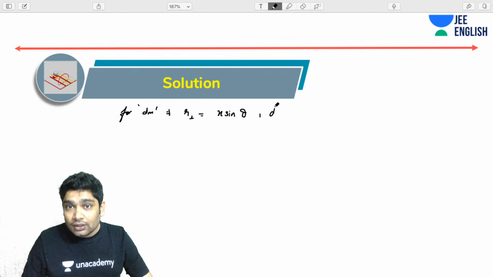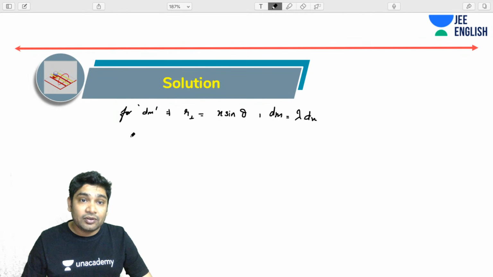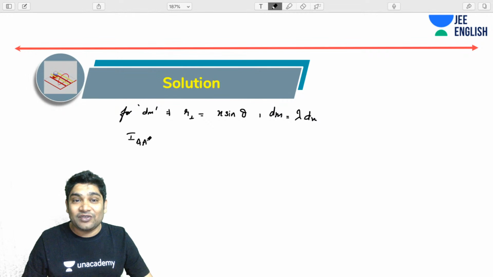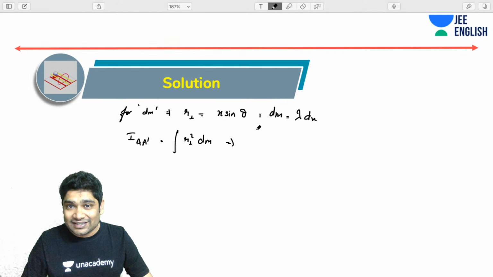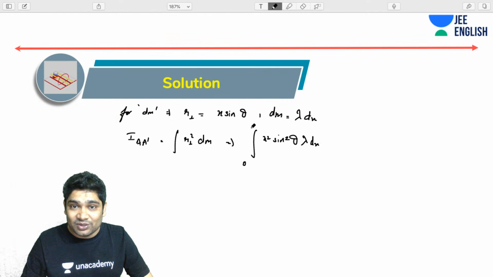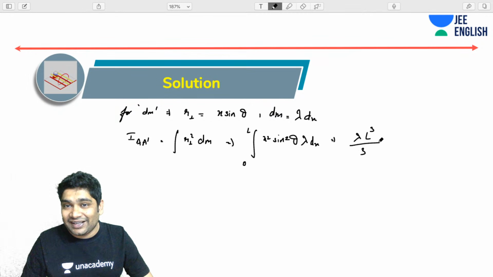And what will be dm? dm would be lambda times dx. So I know the moment of inertia I A dash would be the integral of dm r perpendicular square, and x goes from 0 to L. So this is x square sine square theta lambda dx, with x going from 0 to L. So this would be lambda L cube by 3 times sine square theta.